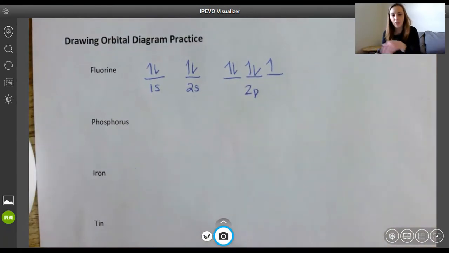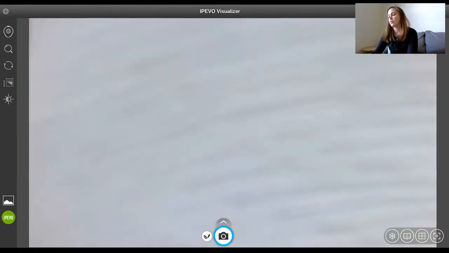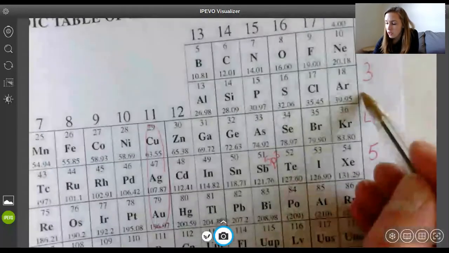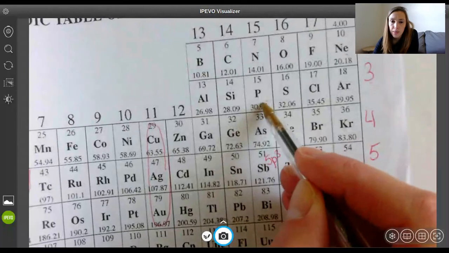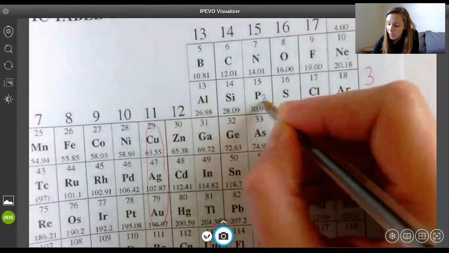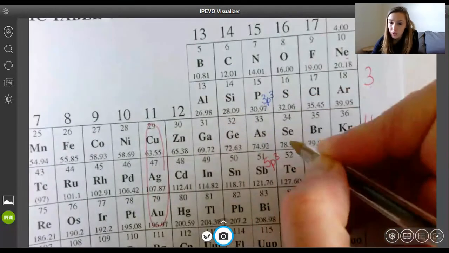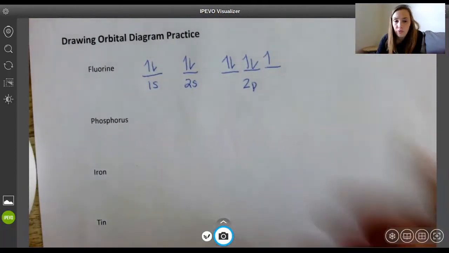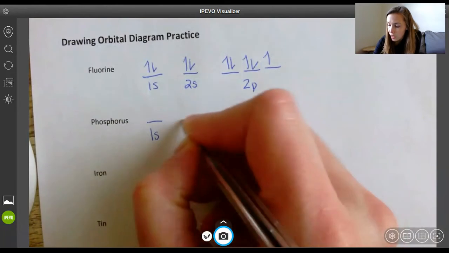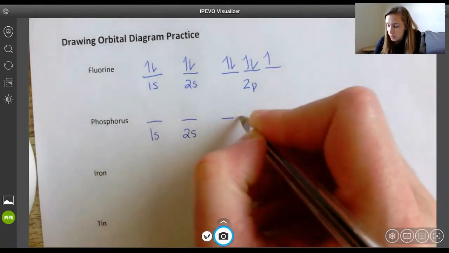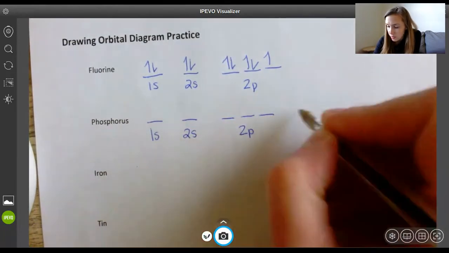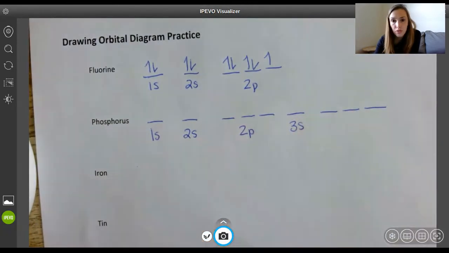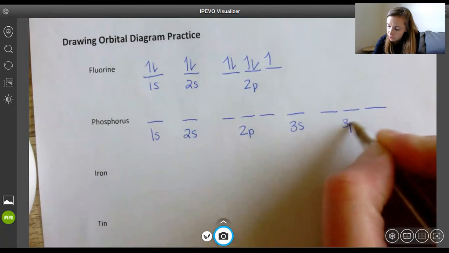All right, if we look at phosphorus, and phosphorus is capital P right here, it is in the 3rd row in the p block, so this should end up in 3p3. All right, so let's go ahead and write the orbital diagram for phosphorus. So I'm going to have my 1s, 2s, 2p, 3s, and then as we said, it is in the 3rd row, p block, so this is my 3p.